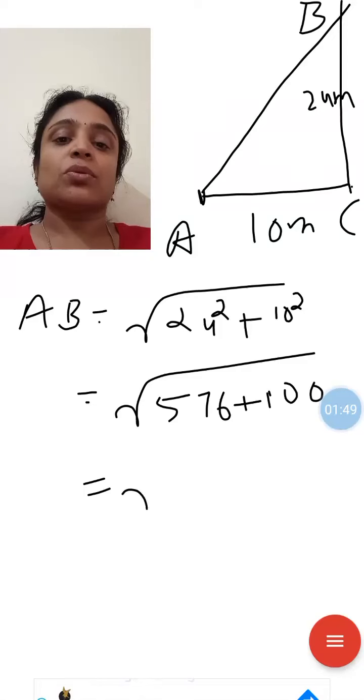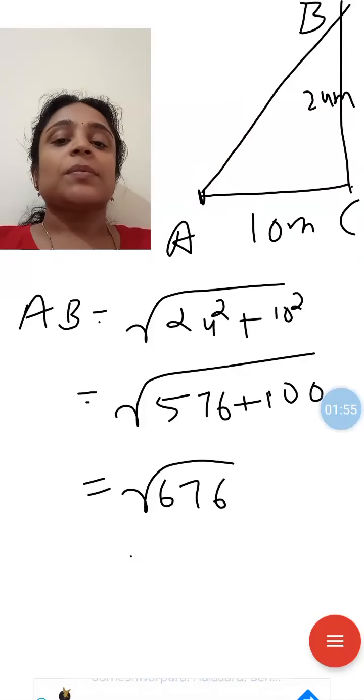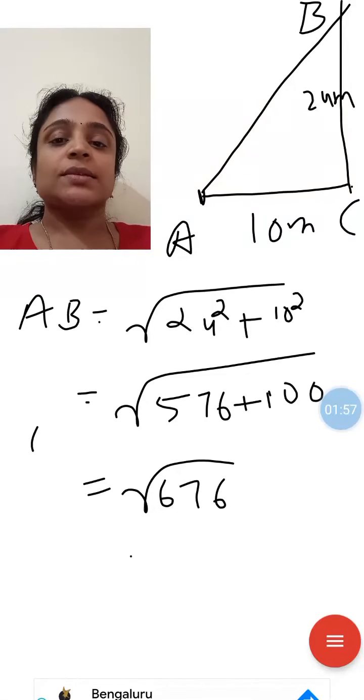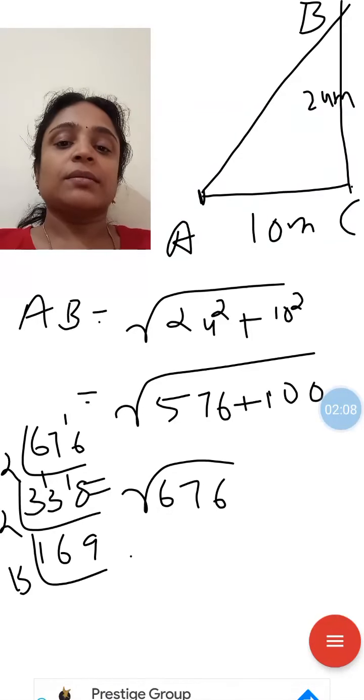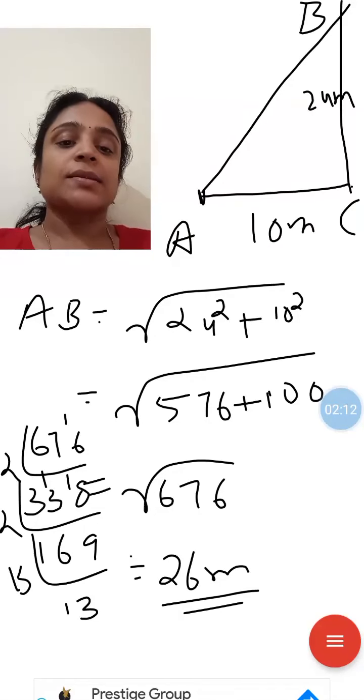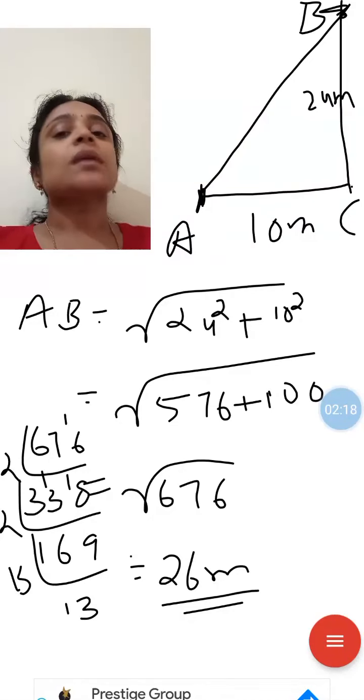Equal to root of 676, and root of 676 if you factorize this, you will get 676 to 338 to 169, 13 and 13. So you will get 26 meter as the answer. So distance between the starting and the ending point is 26 meter.